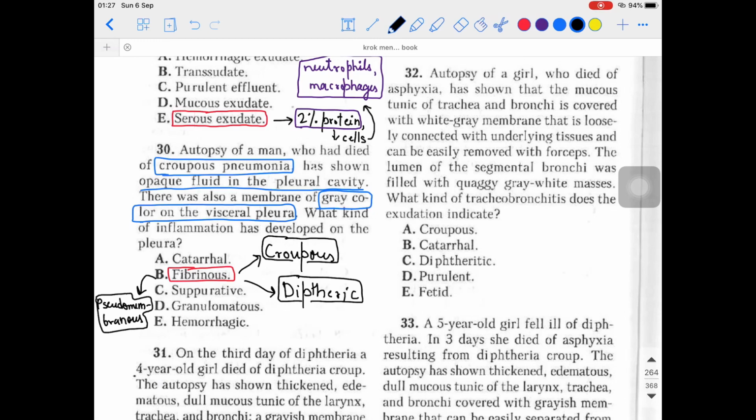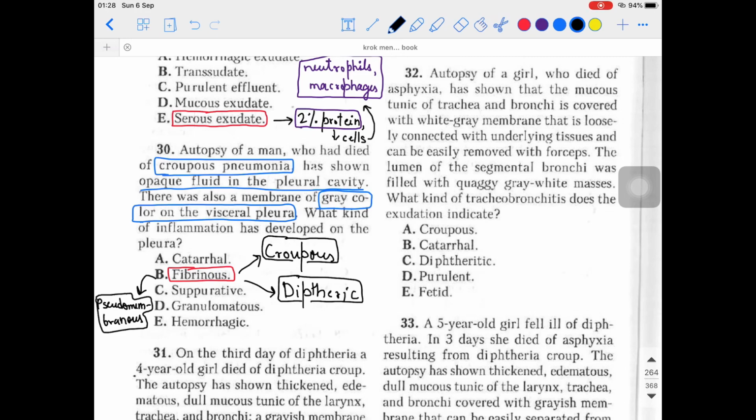That's why we call it fibrinous inflammation or pseudomembranous inflammation, because some of the membrane got necrotized. What can be the causes? Causes can be streptococcus, corynebacterium, pneumococcus, shigella, and various others. Most importantly, you need to remember Corynebacterium diphtheriae. I hope you will not forget that.